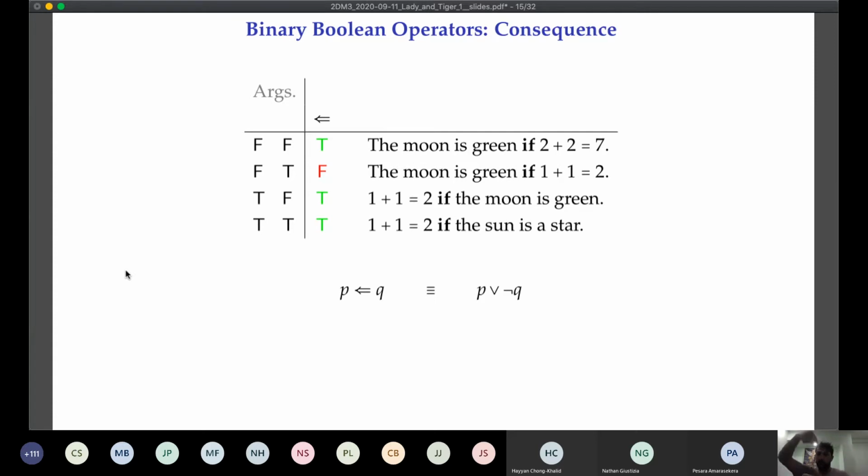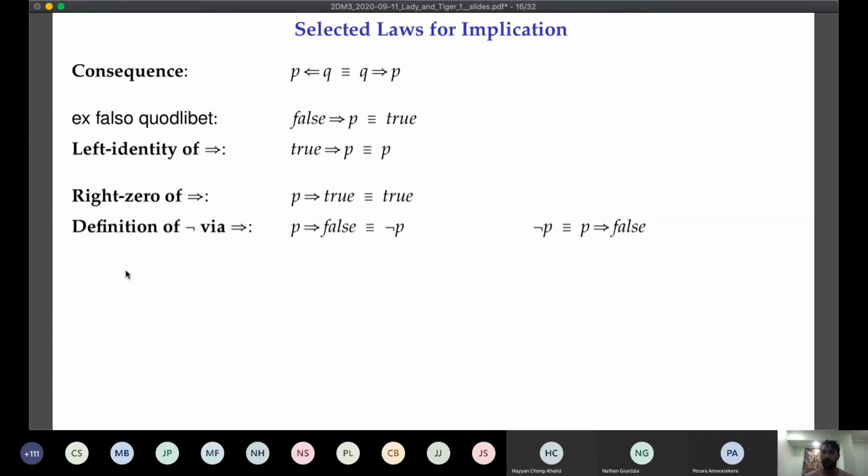So it's the converse relation. We'll see this idea of converse or flipping around repeatedly in this class. It's just a helpful notation to think of new ideas. And that's what the very first one right here says. Consequence: P follows from Q means Q implies P. It's just the flipping around.